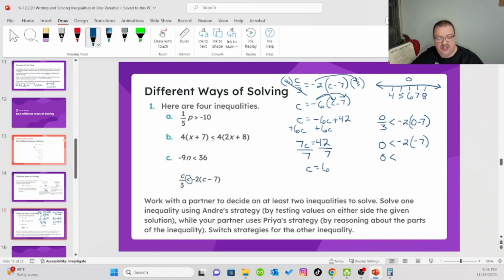Negative times a negative is a positive, and 2 times 7 is 14. 0 is less than 14, so if 0 makes it true, then every number to the left of the point makes it true. So this is how we can solve. You can use Andre's method, you can use Priya's method, whichever method makes more sense to you. Use the method that makes sense to you.